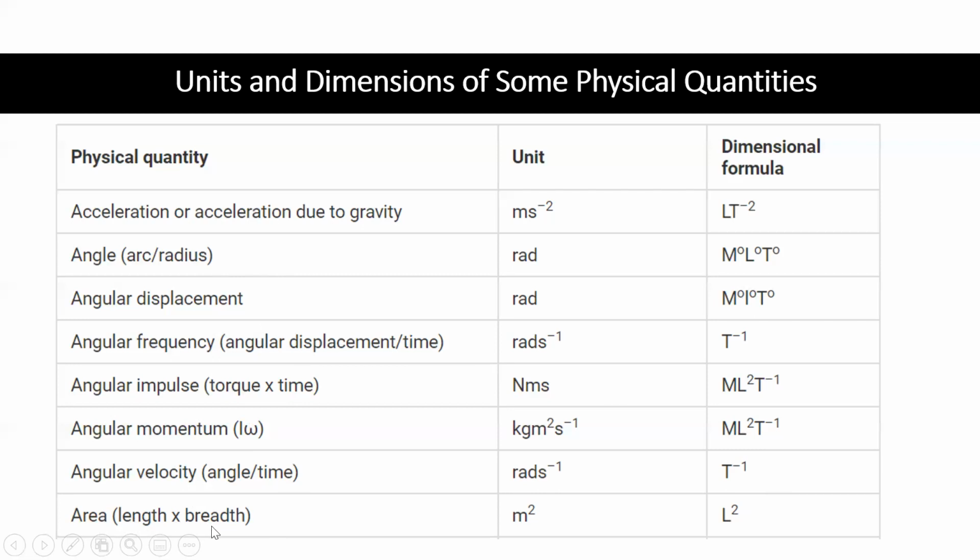Breadth is also another kind of length. So the dimension of area is L square. Now, can you guess what will be the dimension of volume? Volume is length into breadth into height, right? So L times L times L, which is L cube. So the dimension for volume will be L cube.